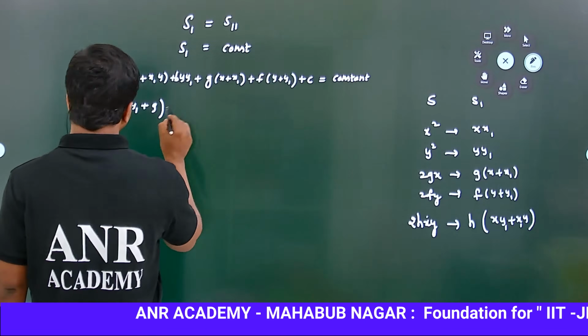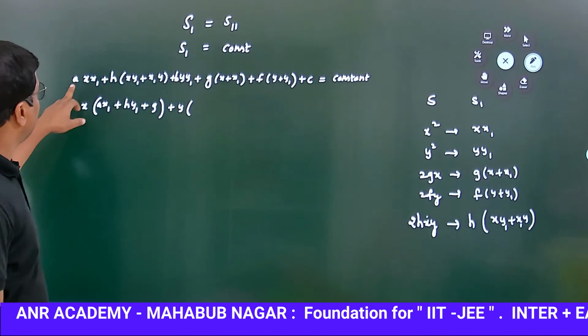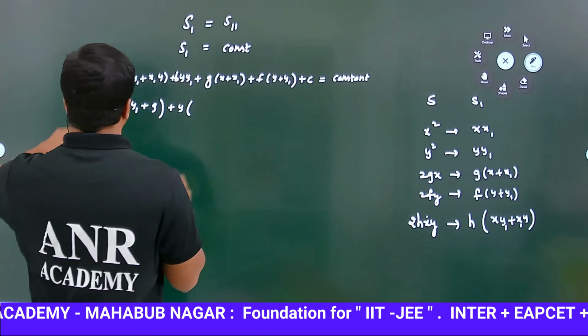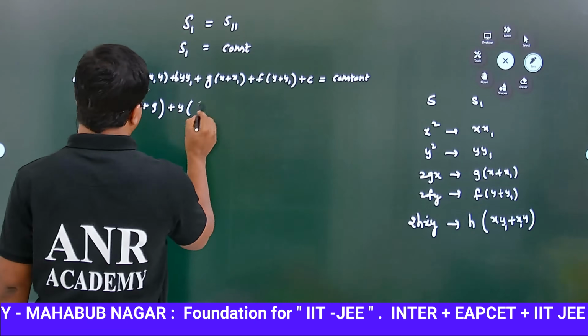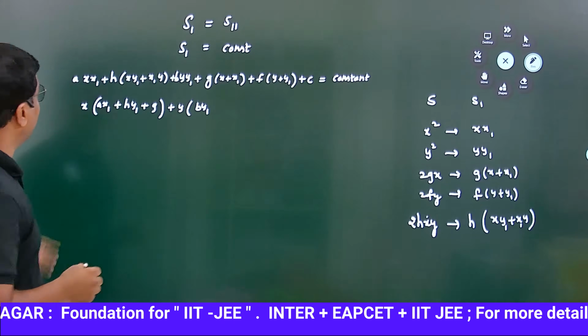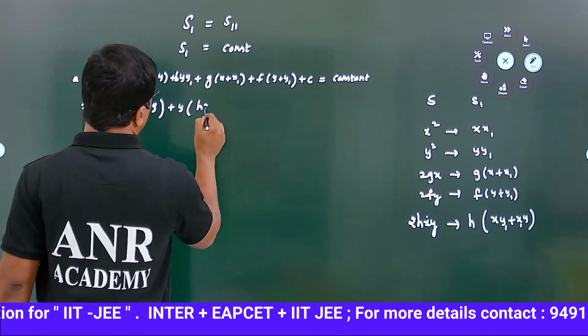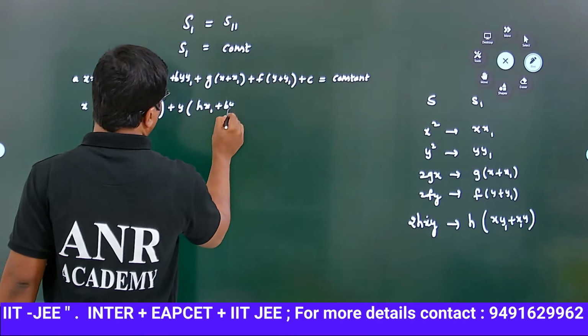Next, if you take y common, what happens? Observe. Taking y common, you will get here by1. Okay. Next, here hx1. First hx1 and then by1.